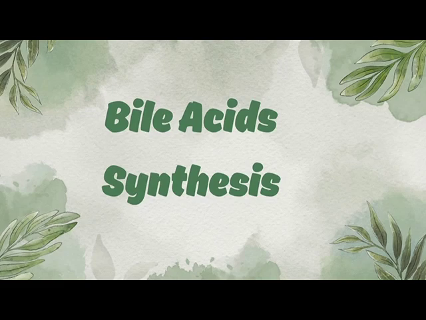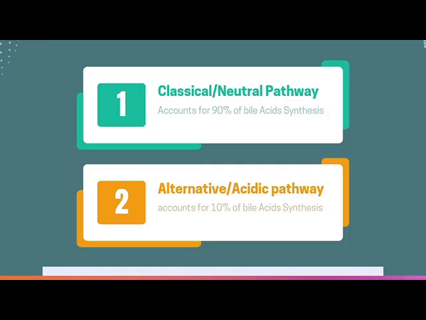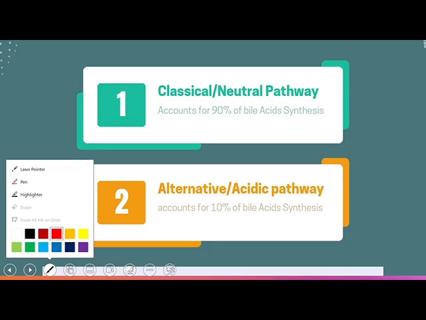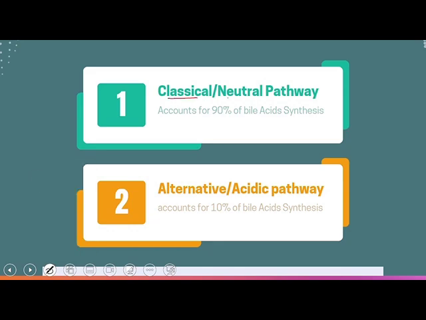I am here to deliver my knowledge about bile acid synthesis, which mainly occurs in the hepatocytes, and this occurs by two pathways. First is the classical pathway or neutral pathway, which accounts for 90% of the bile acid synthesis.